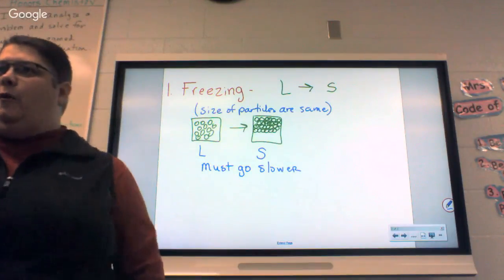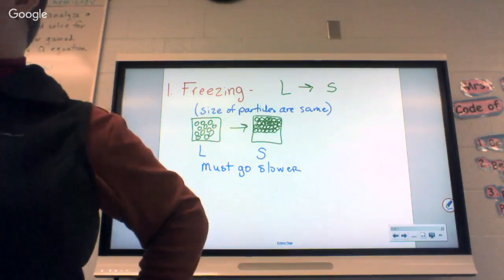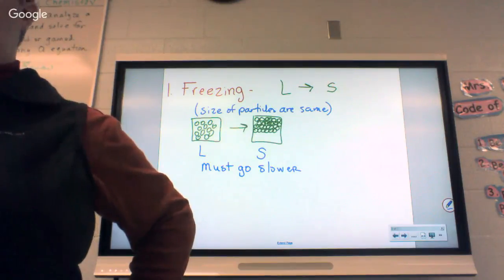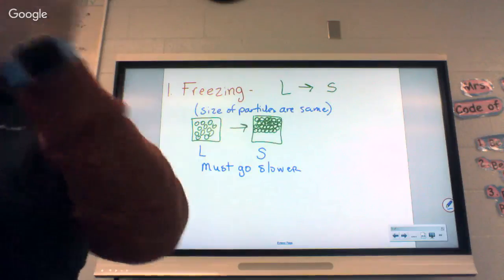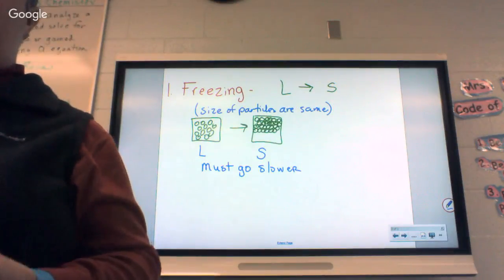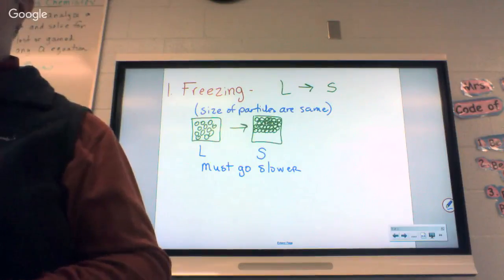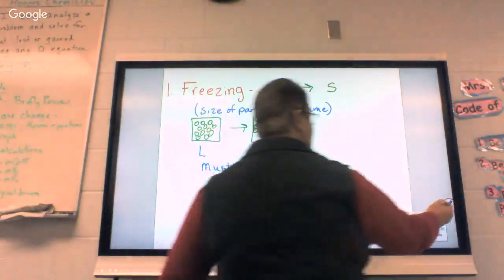If it has to go slower, does heat have to be released or does heat have to be absorbed? If we absorb the heat, take it in, the particles are going to start to do what? Move faster. If you move them faster, are we going to become a solid? No. You want the particles to slow down, you said. So heat has to be released.